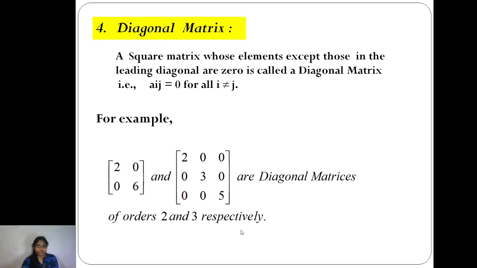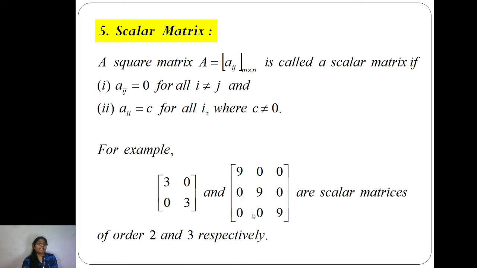Okay, next, scalar matrix. A square matrix capital A এটা থার্ড ব্র্যাকেটে ডিনোট করবে.